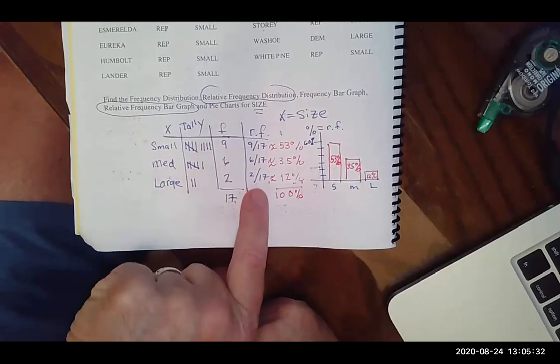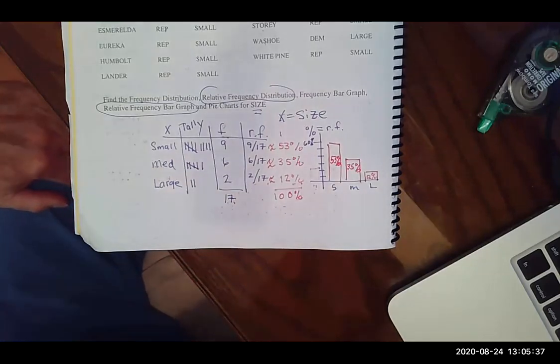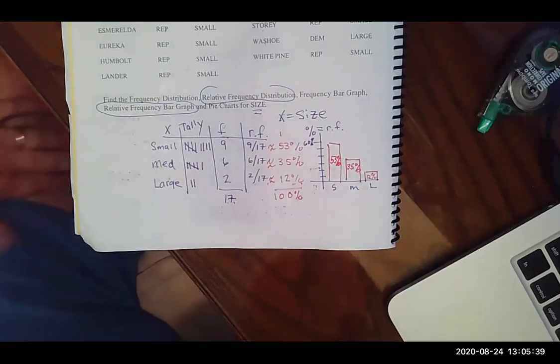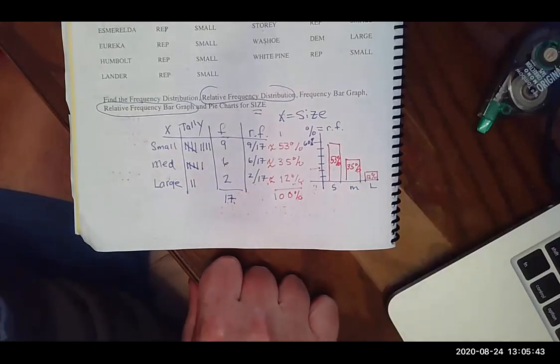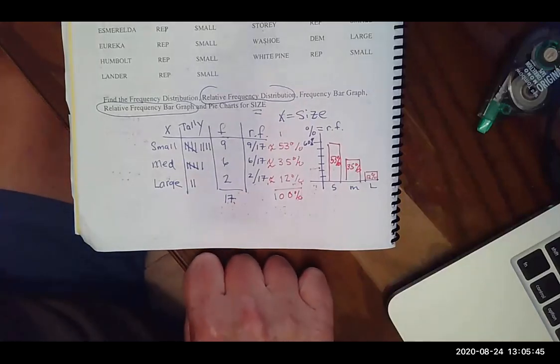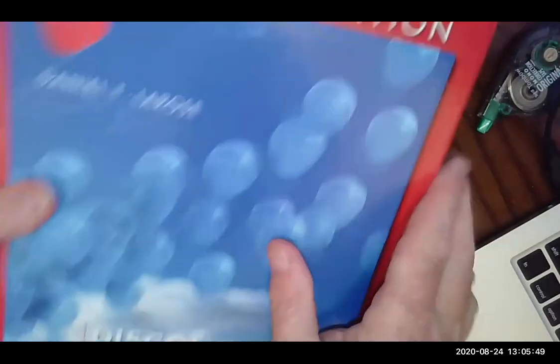But ultimately, I was targeting the relative frequency. Instead of the word distribution, they may say table. Sorry, we're looking in the textbook.